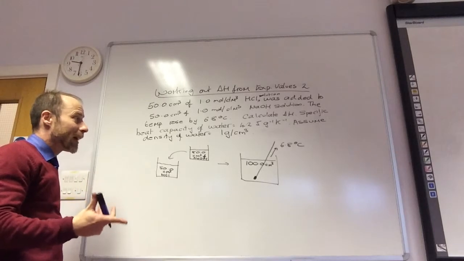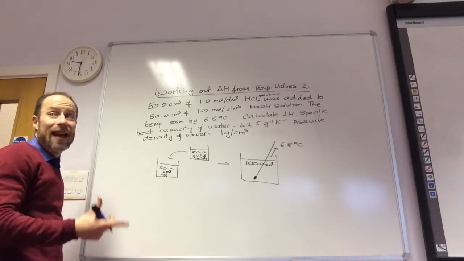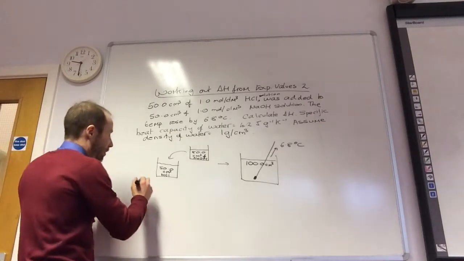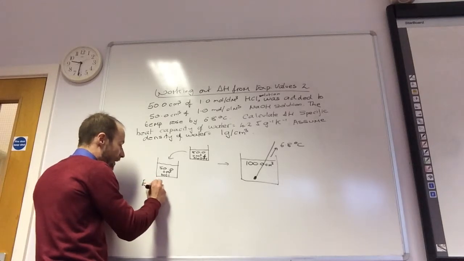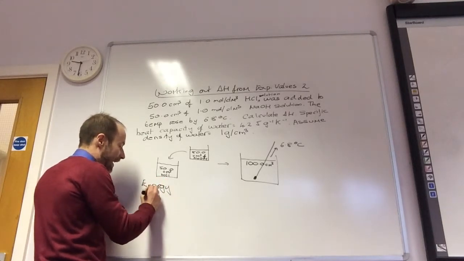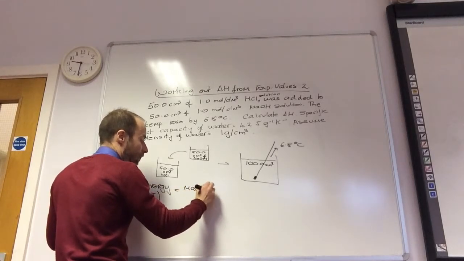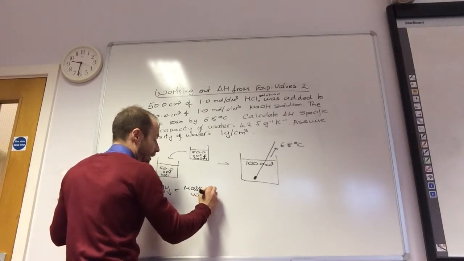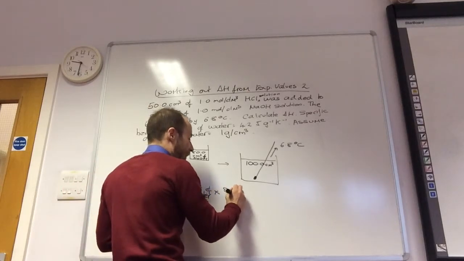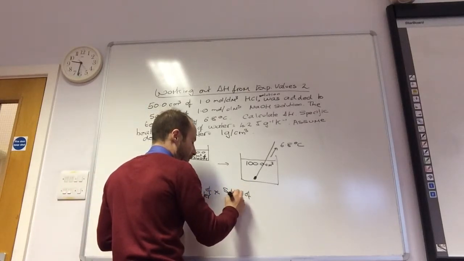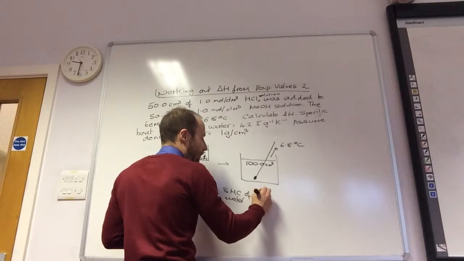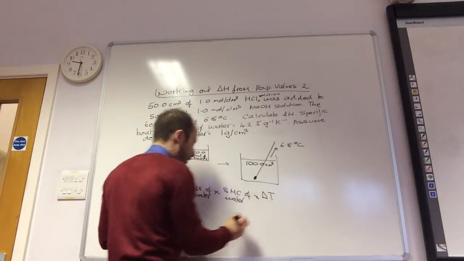So the first step I have to do is calculate the energy produced. The equation that we used last time was the energy in joules equals the mass of water times the specific heat capacity of water times the temperature change.